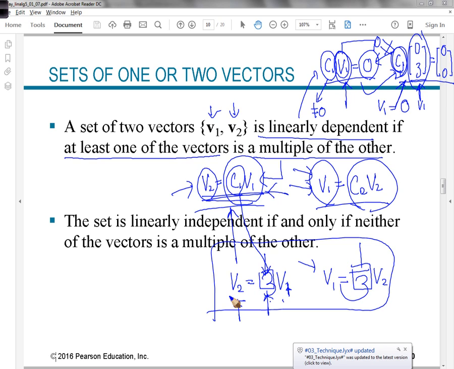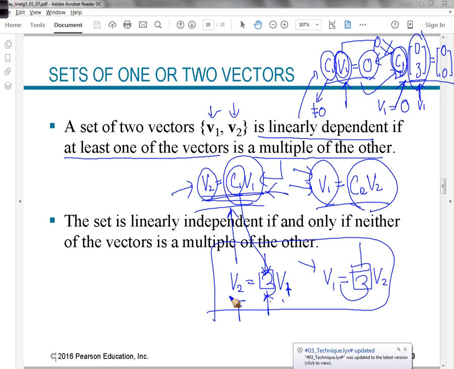But still, in this case, at least one vector is represented as a linear combination of the other, right? Which one? 1, 2, 3. Which one can be represented as a linear combination of the other? 1 and 2, yeah. 1 or 2 or 1 and 2. So for example, this vector is represented as a linear combination using only this guy, right? So that is still a linear combination of using these 2 by setting the coefficient of the third one to be 0, right?